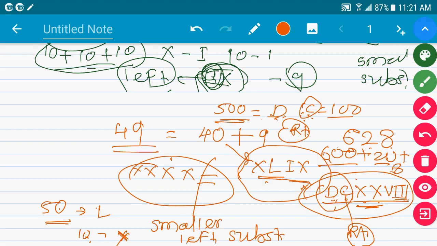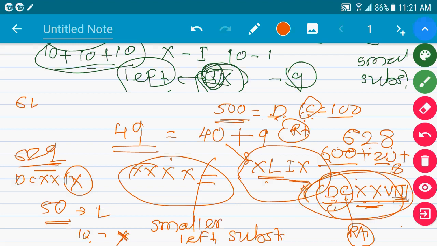XX for 20 and for 8, V triple I. But if it is 629, then I will write DC XX IX, because IX represents 9. If I have to write 648, then what will I do? DC for 600, and for 40 we just learned XL, and for 8, V triple I.